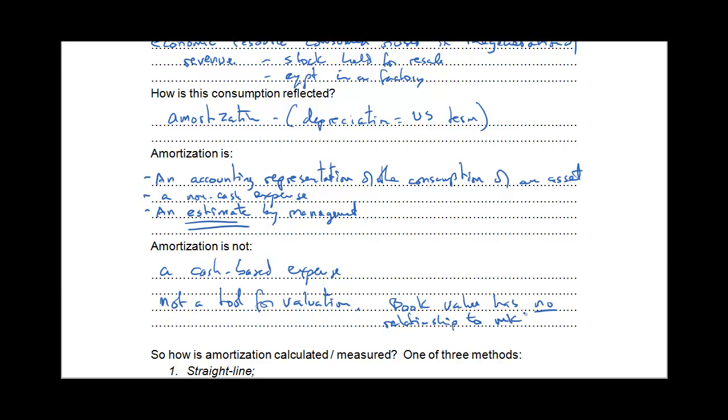Now, it can be exactly identical to the market value, but there's no requirement that that actually happen. That would be essentially coincidental if it did, or the asset has been written down to reflect its market value. So just bear in mind, the book value is not required to have any relationship to the market value of the asset.